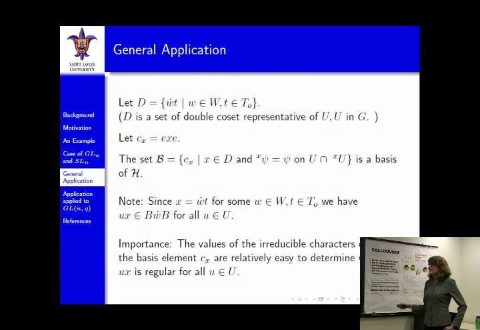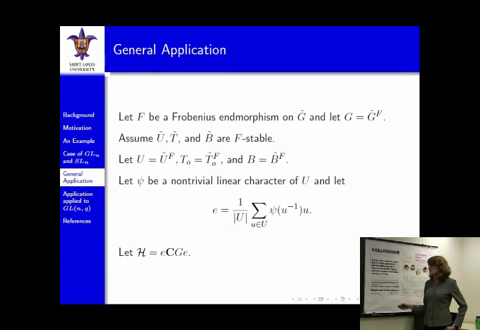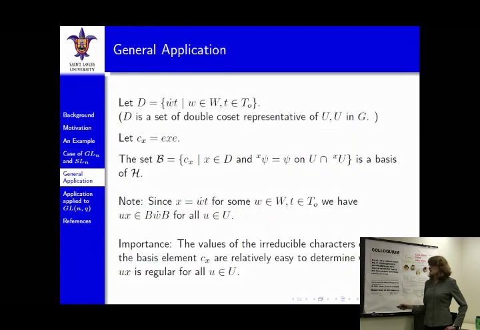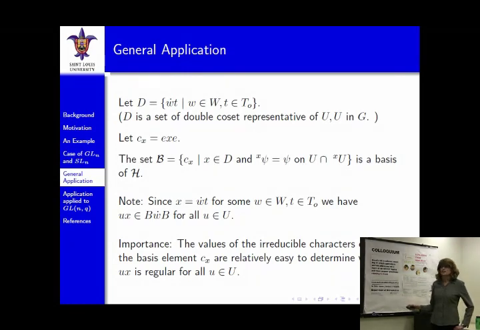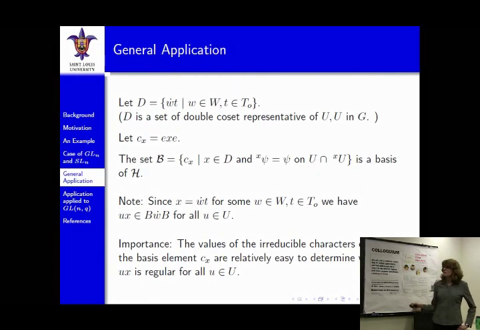Well, I want to know the characters of this Hecke algebra. I want to know its irreducible characters, the values of its irreducible characters, and they're difficult to determine in general. But if I want to know their images on the basis elements, they're very easy, in fact, to determine if these are always regular. That's why I want all of these to be regular.